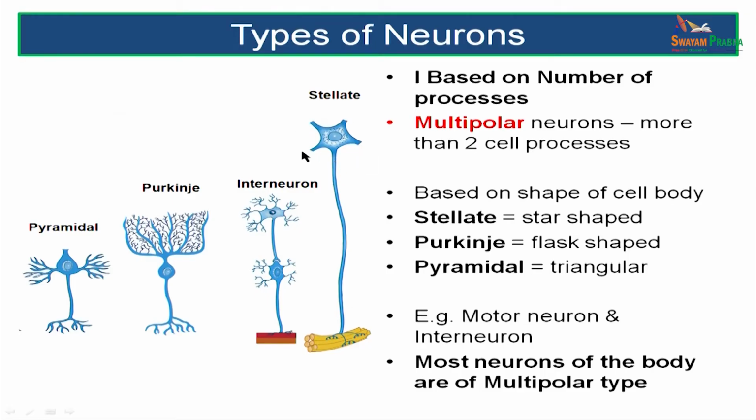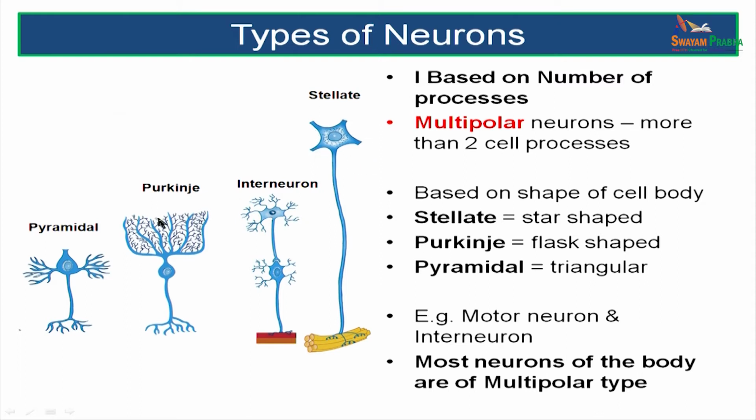Types of multipolar neurons. Multipolar neurons are further classified based on the shape of their cell body. They could be star-shaped, like you see here. They are called stellate multipolar neurons.